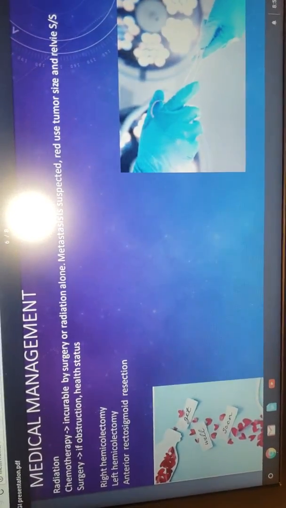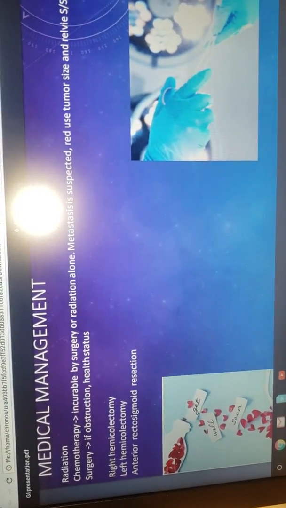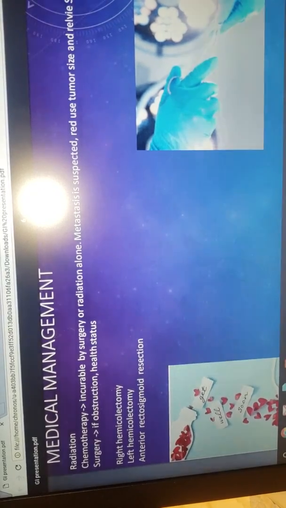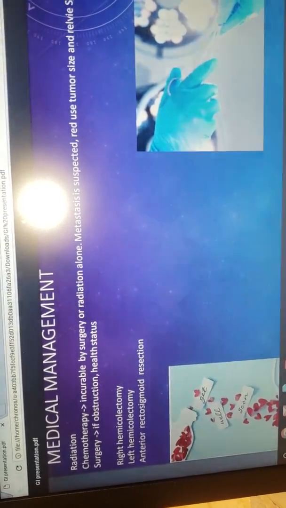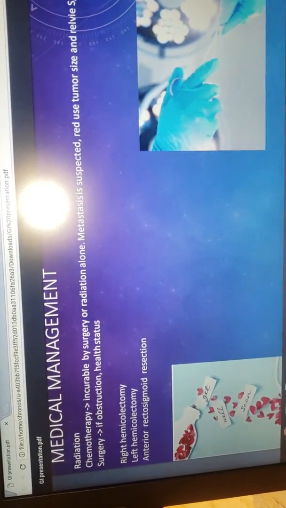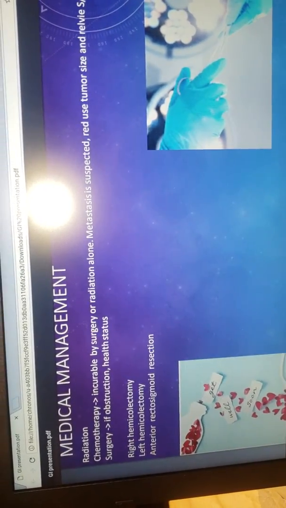And I put these other 3 in here just to talk to you about it for a little bit. A right hemicolectomy is a resection of the ascending colon and hepatic flexure. A left, whatever. Okay, you know what I'm saying.